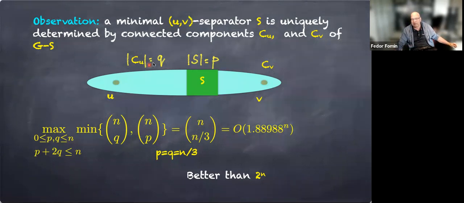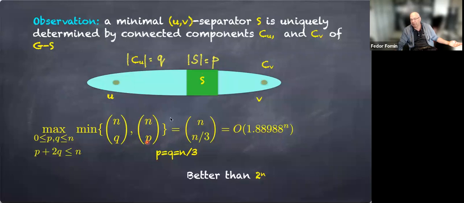So the size of the smallest component is Q, the size of the separator is P, and now what do I know? How many components of size Q do I have? N choose Q. How many separators of size P do I have?